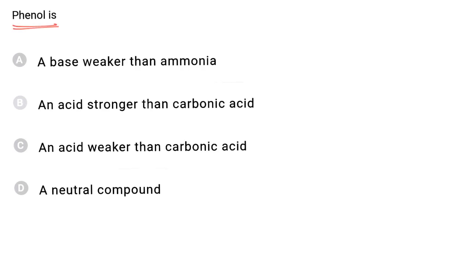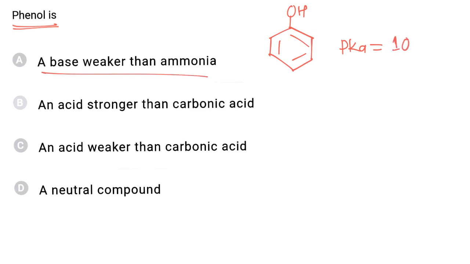Now if we draw the structure of phenol, the pKa value for the phenol molecule is 10. In the first case, it says this is a weaker base than ammonia, which is a wrong statement, because phenol is not a base, it has acidic character, and the acid is stronger than carbonic acid.